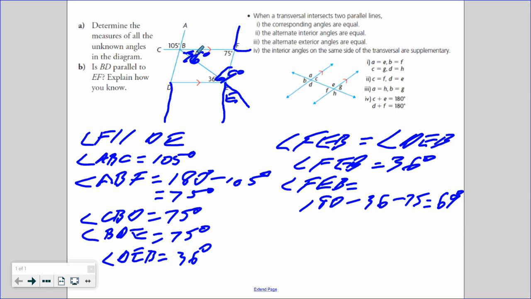So now we know this one here is 36. We already figured out the angle here, ABF. We figured that one out right here. So that's 75 degrees. So we know this is 75 from before. I'll just put that number up there so we can see it.